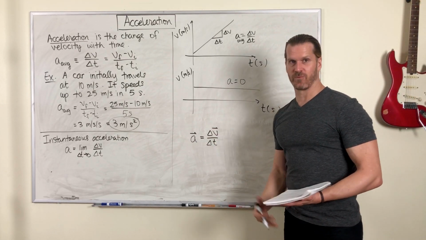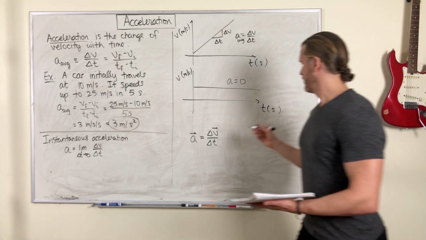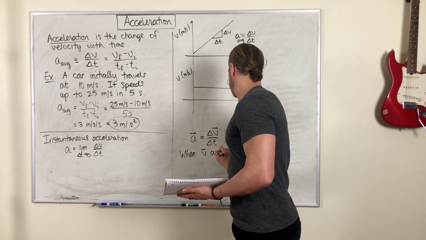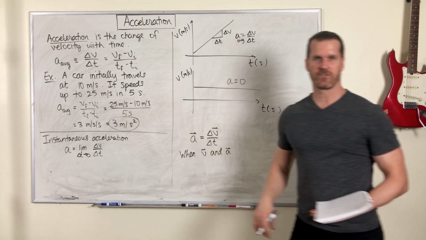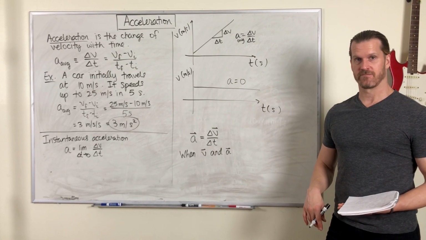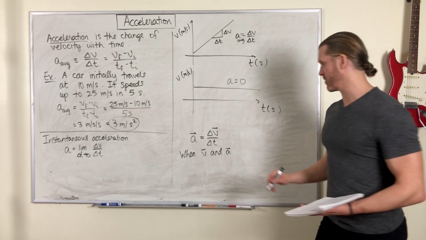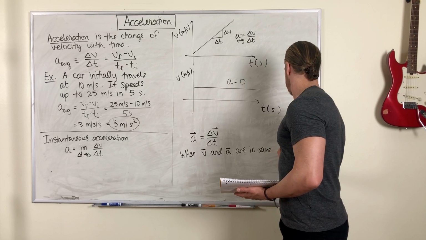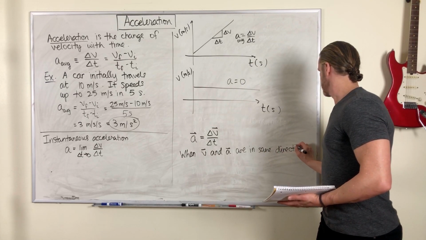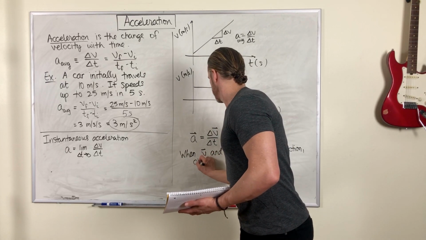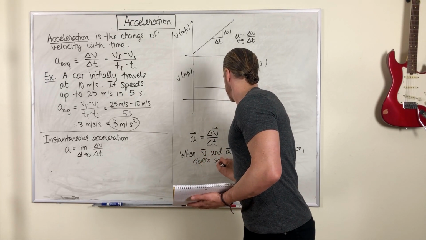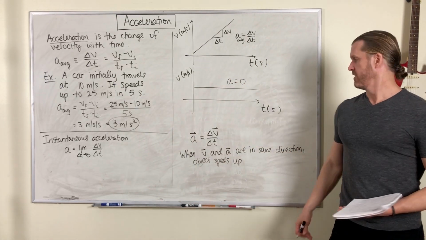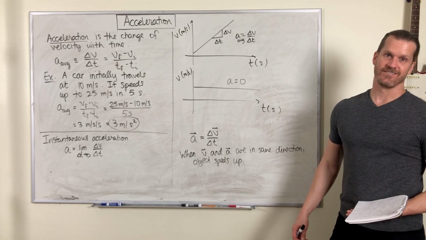Some things to keep in mind that we'll explore in detail are that when V and A vectors point in the same direction, then your object speeds up. When V and A are in the opposite direction, the object slows down.